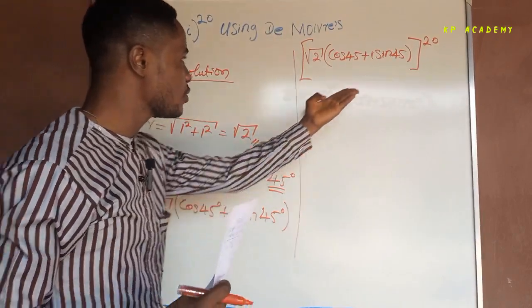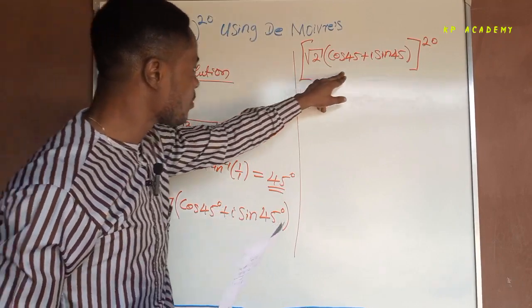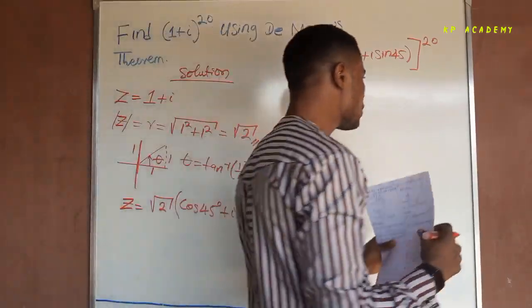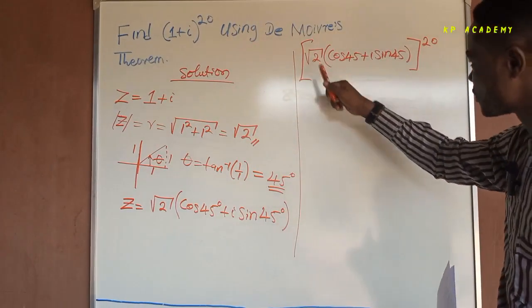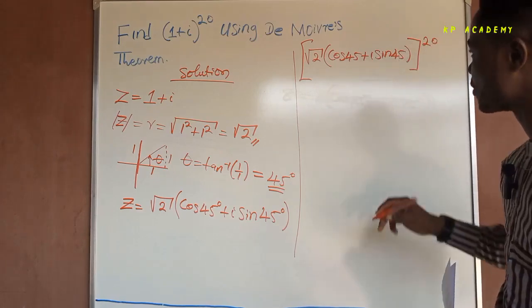Now, by De Moivre's theorem, since we've succeeded in putting this complex number in polar form, we can apply it. What De Moivre's theorem says is that we raise the modulus to the power 20, and multiply the angle by that integer.